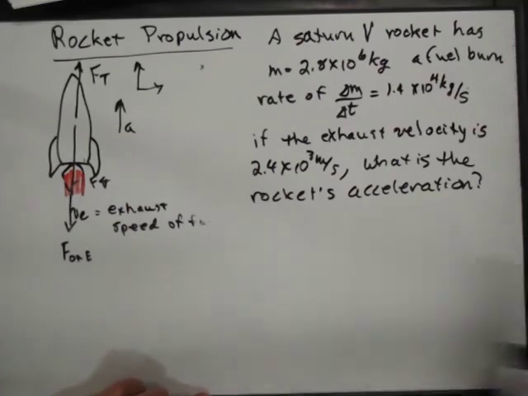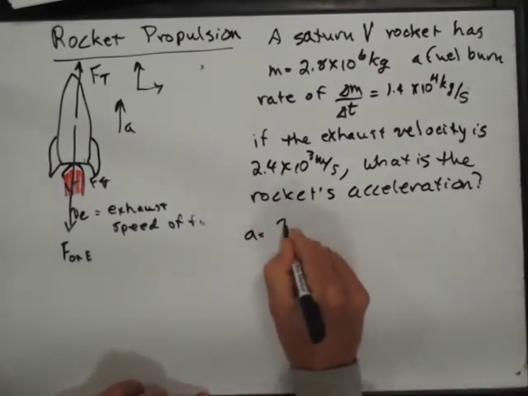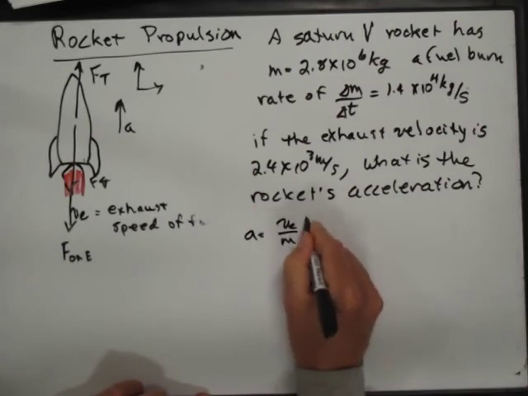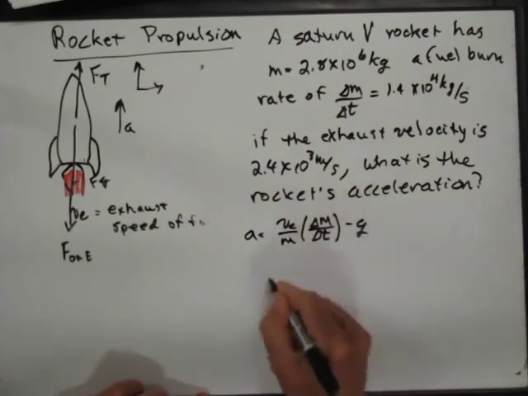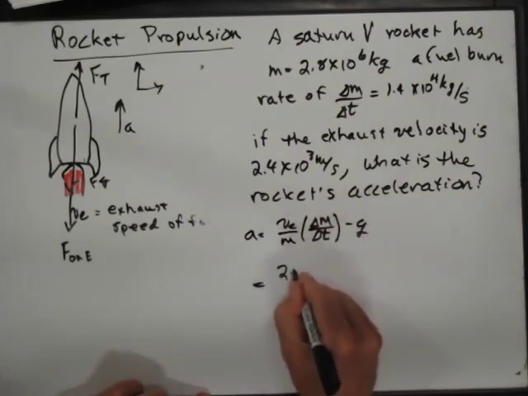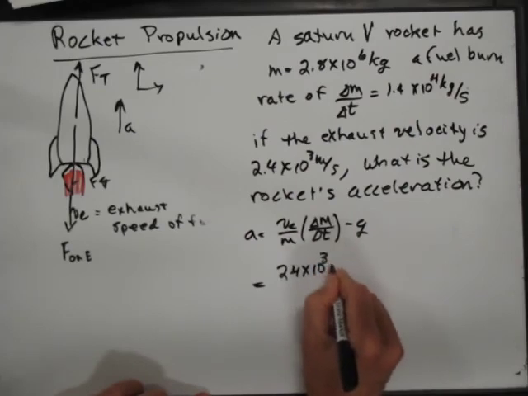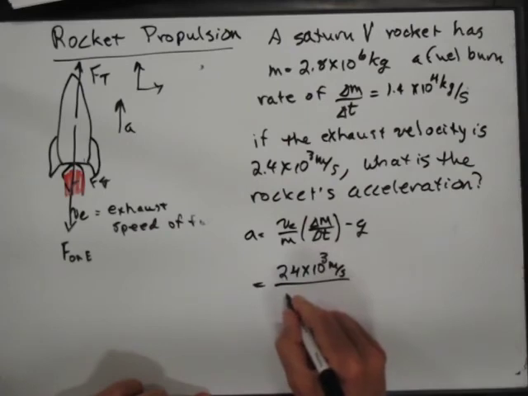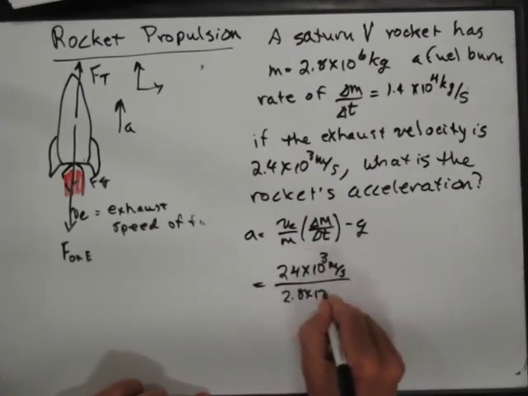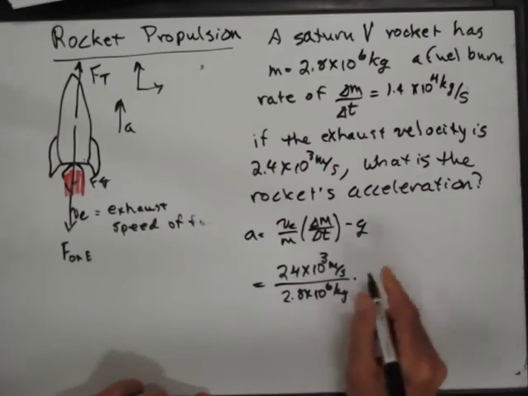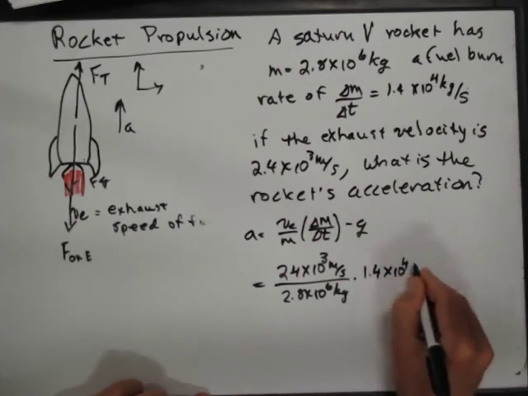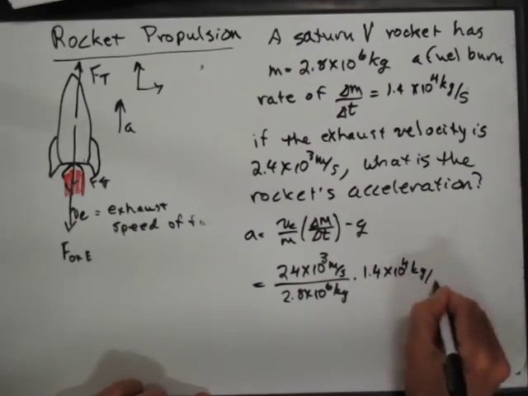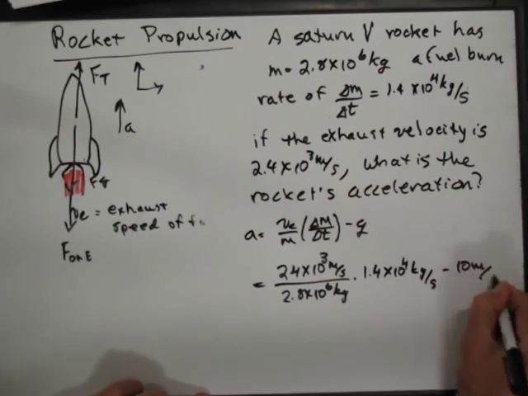So I'm just plugging into this formula, right? I get the acceleration is equal to the exhaust velocity over the mass of the rocket times the fuel burn rate, minus g, right? And so that's 2.4 times 10 to the 3rd meters per second divided by 2.8 times 10 to the 6th kilograms times 1.4 times 10 to the 4th kilograms per second, minus 10 meters per second squared.